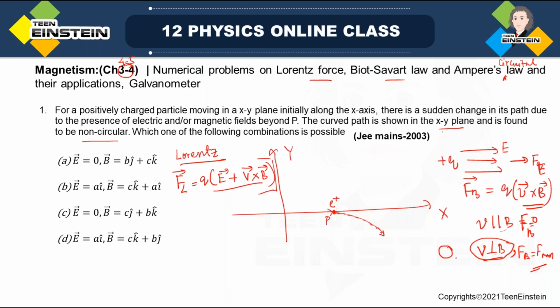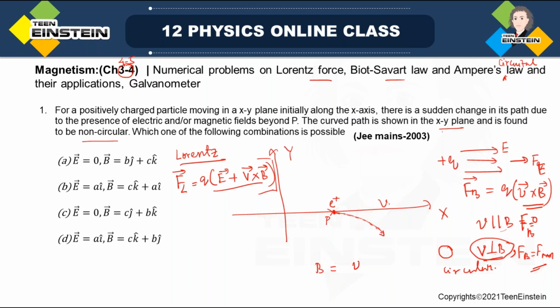Circular trajectory, it is said, it is circular when perfectly 90 degrees. But suppose the B vector has a component along the direction of the velocity, here it is supposed V is along this way.